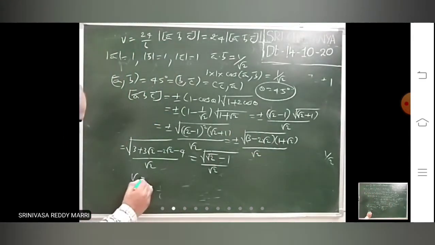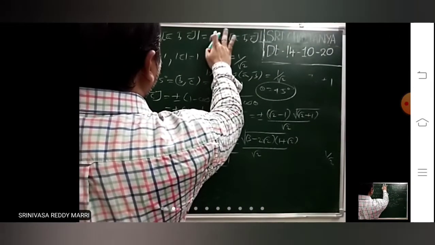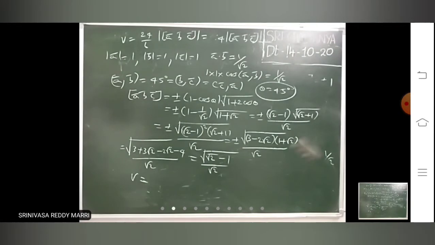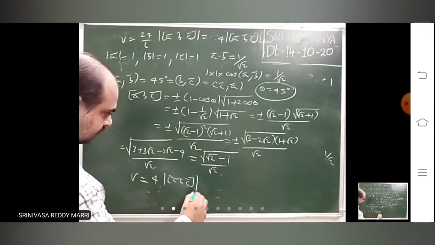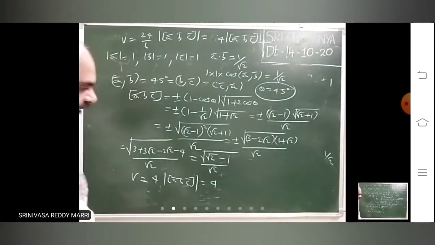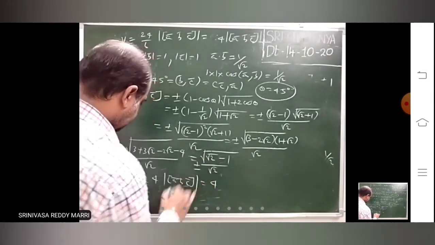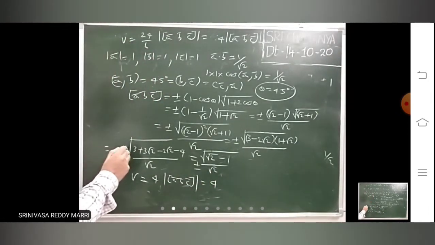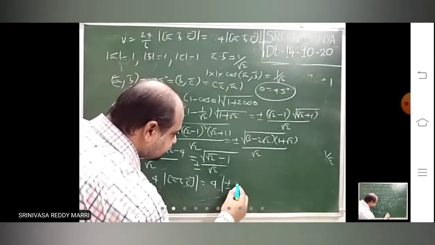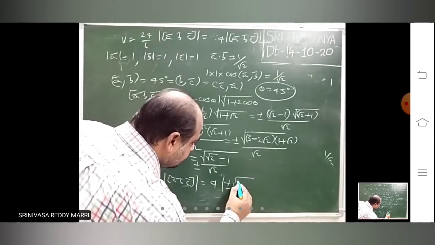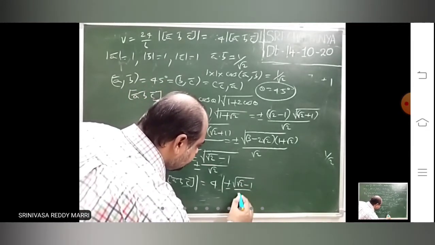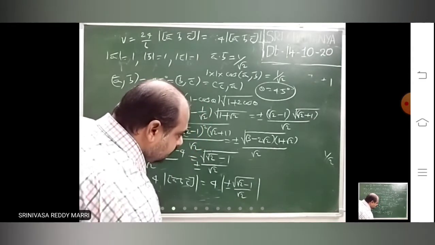So therefore, volume is what? Volume is, so this is 4, 6 by 24 by 6 is what? 4. That means 4 into modulus of this. That means 4 into this, plus or minus. So if we write in modulus, plus or minus root of root 2 minus 1 divided by root 2, right?